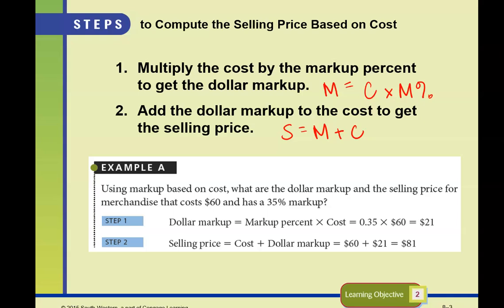All of this tells me that if something costs a retailer $60, they're going to mark it up 35%, and 35% of $60 is $21. After that markup amount, they're going to sell it to you and me for $81.